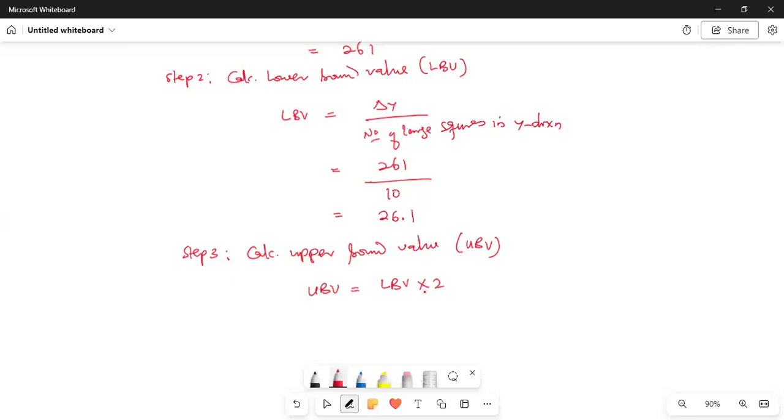You always multiply the lower bound by 2, and then you get your upper bound. So which is 26.1 times 2, 52.2, okay?